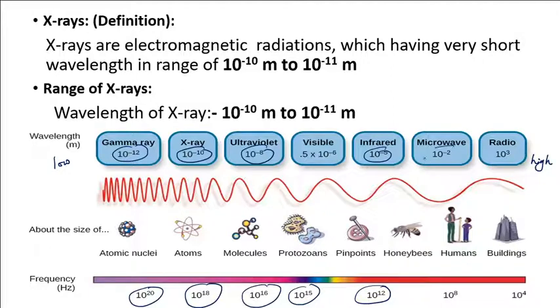Next is microwaves. The wavelength of microwave is higher than infrared. It is of the order of 10 raised to minus 2 meter. And the last one is radio waves, whose wavelength is highest, 10 raised to 3 meter or 1000 meter.